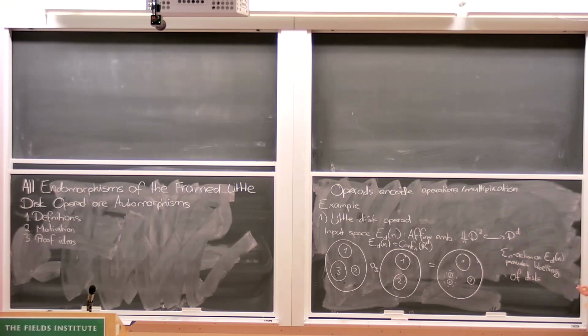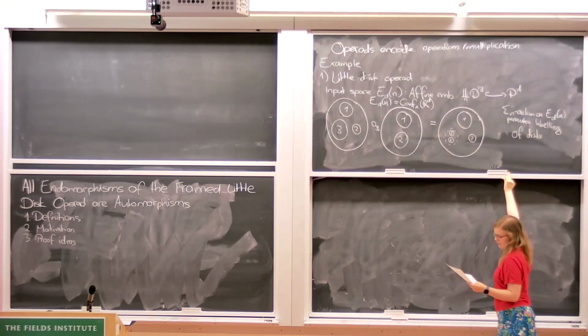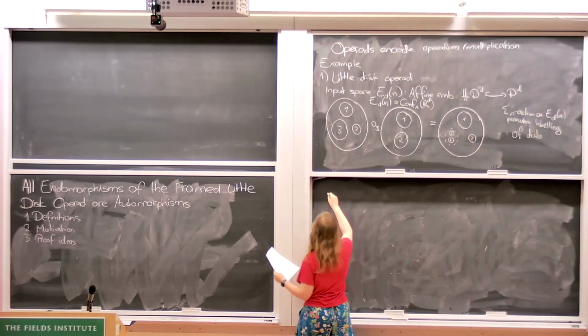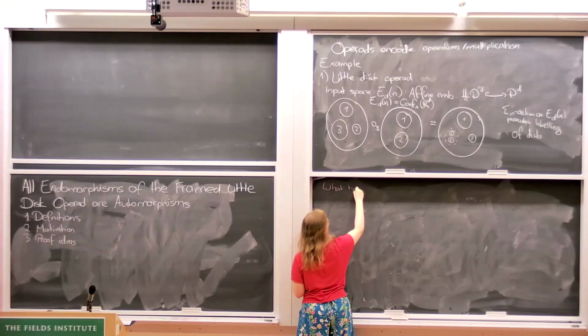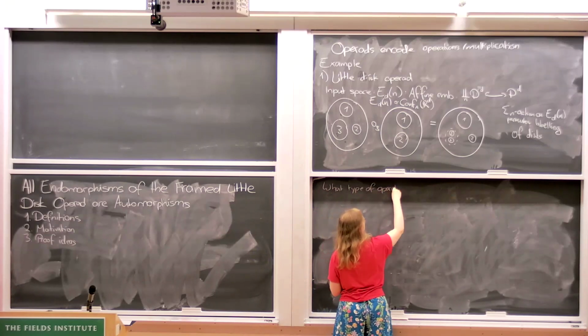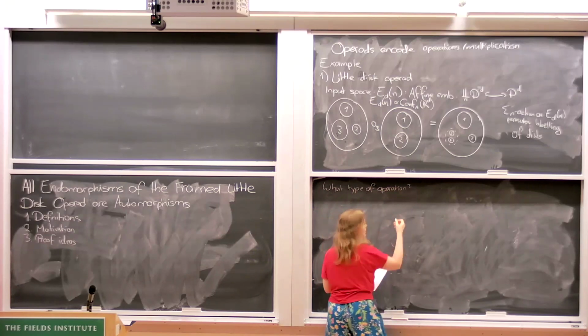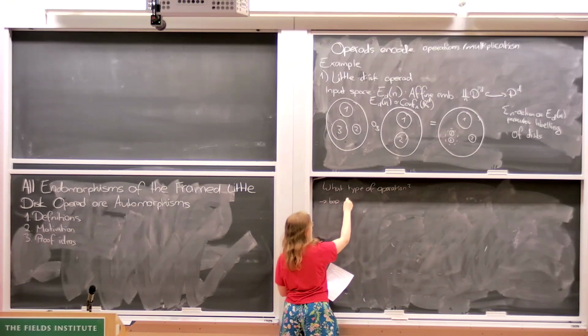And I promised that operads encode operations or multiplication. Okay, so what type of operation is this? And so I'm just going to say this is more tangential to this talk. It's like a loop space multiplication.